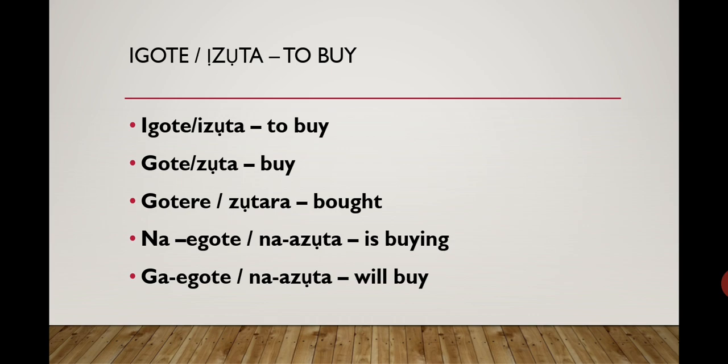It means to buy. Igote or izụta, to buy. Gote or zụta, buy. Gotere or zụtara, bought. Negote or nazụta is buying. Gegote or gazụta. There's a mistake there. It's supposed to be gazụta, will buy.